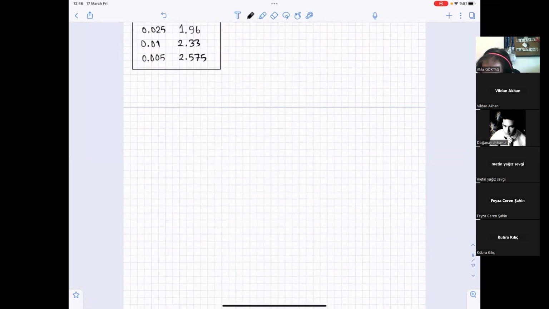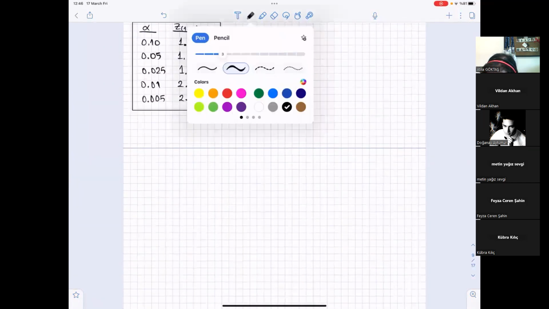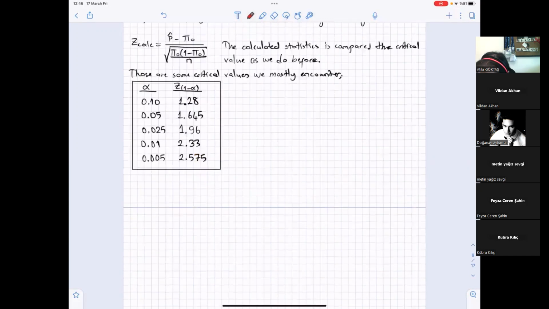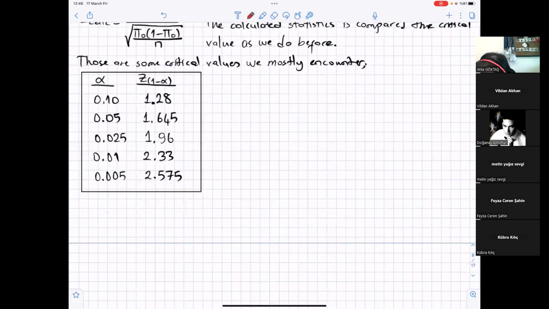Let's have an example. I'll write the example down. Or maybe I can use this space here. Example.